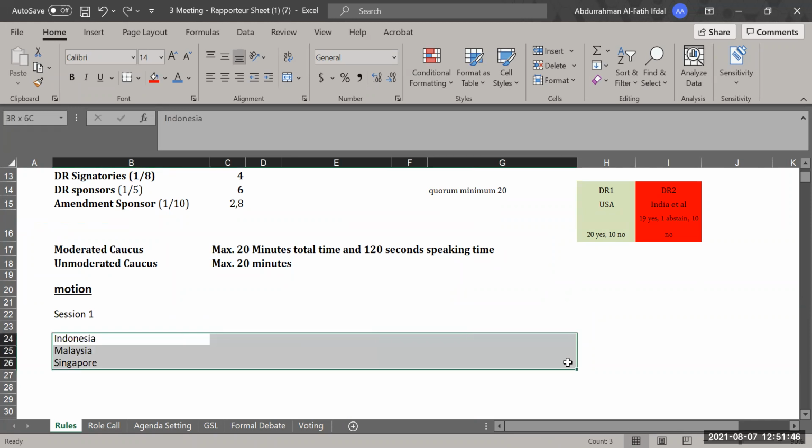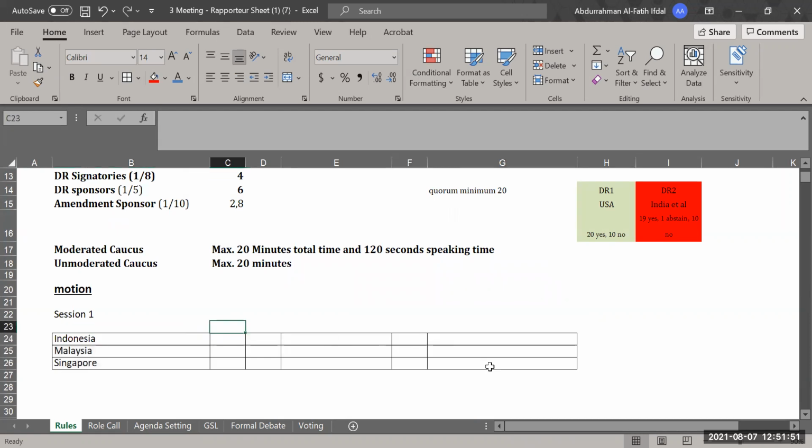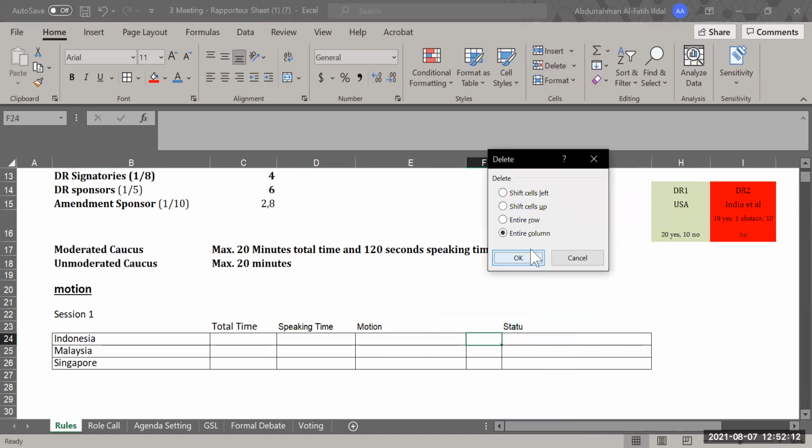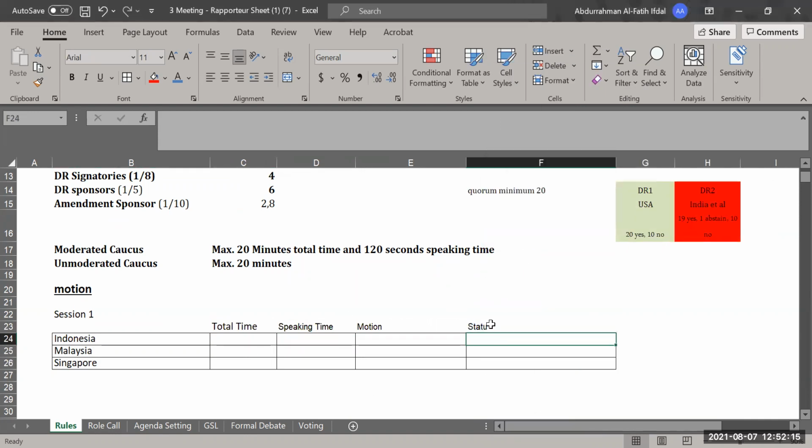Now, Indonesia proposes a motion. This is the total time, the speaking time, the motion, and this is the topic. All right, this is the motion, and this one is the status, so we're just going to erase this entire column. Indonesia wants to propose a motion, again, vaccination.